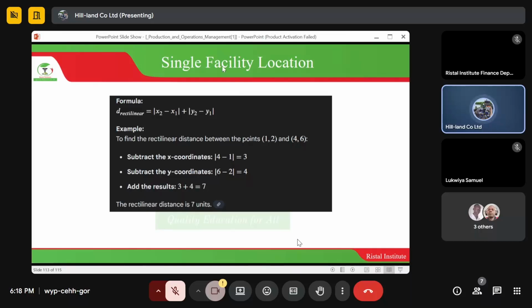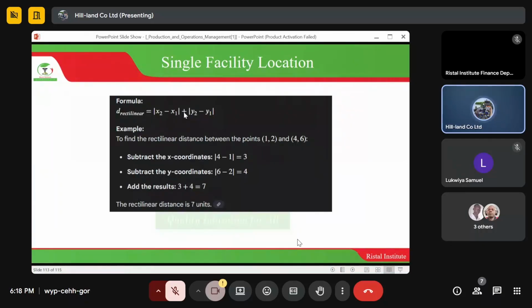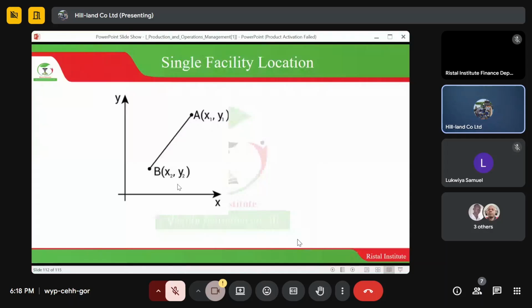How do we calculate this? It's the easiest. The formula is we take the x-axis, we take the second x-axis minus the first x-axis. As we see here, we have the first x-axis and also the second x-axis down. Then we have the first y-axis and we have the second y-axis down.